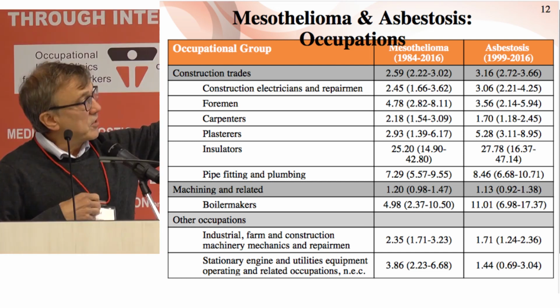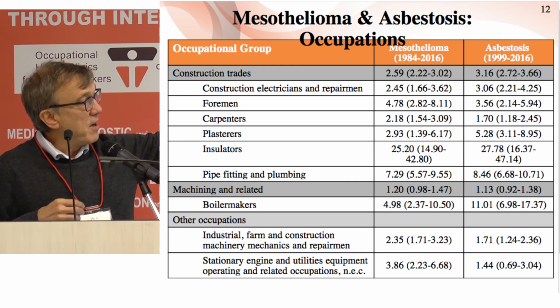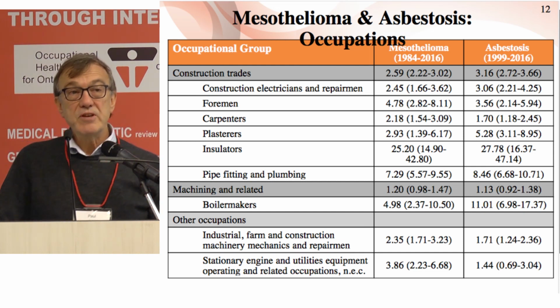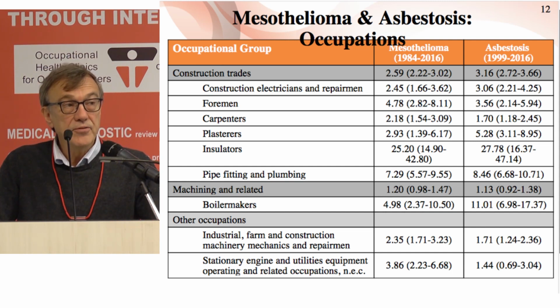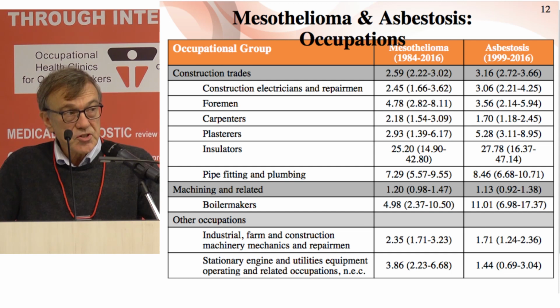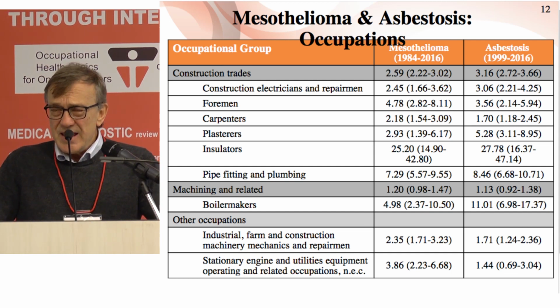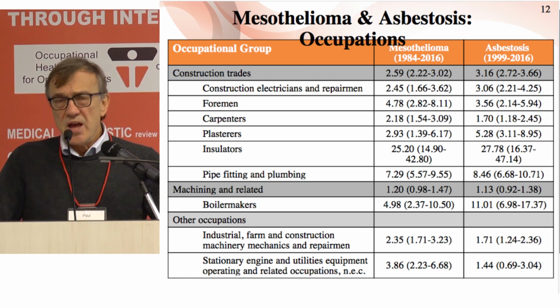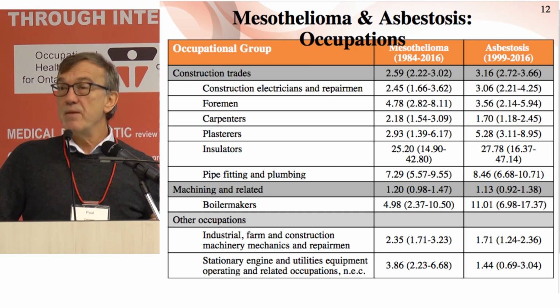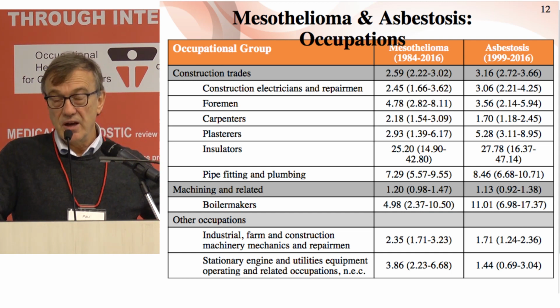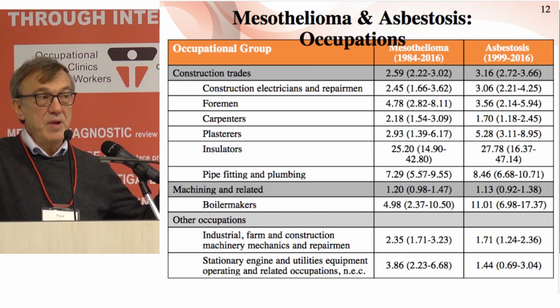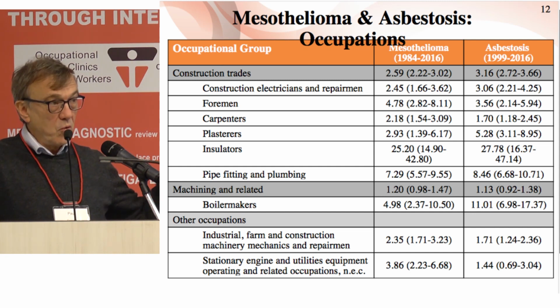So if we look at the classic groups, insulators, plumbers and pipe fitters, boiler makers, you see very, very large risks of mesothelioma and asbestosis. Now, our system excludes people who entered the system with a claim of these diseases. So it somewhat underestimates the groups that we know a whole lot about.